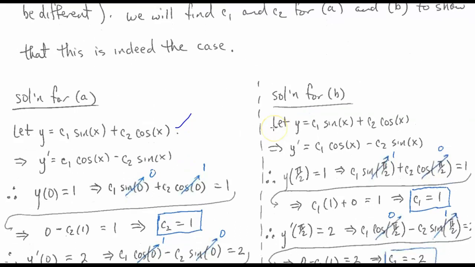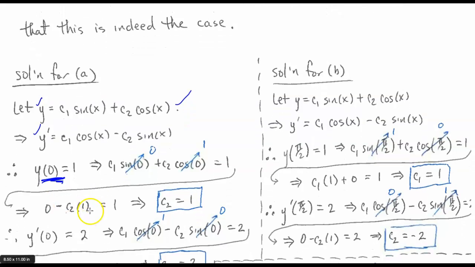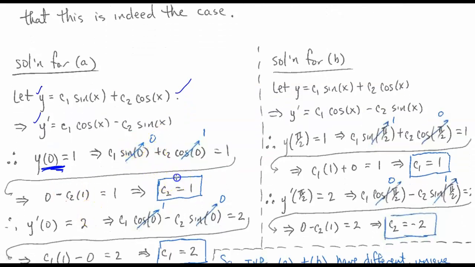So for part A, I stated the function first and then the first derivative, and now I'm actually applying that first initial condition so that I can find out what one of those two constants is. In this case, I found that C2 is 1.